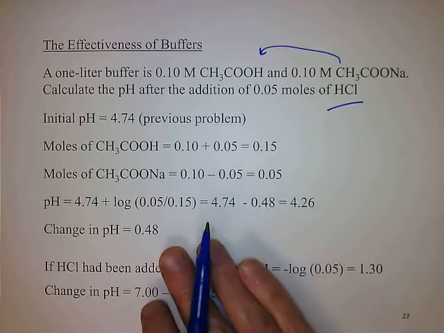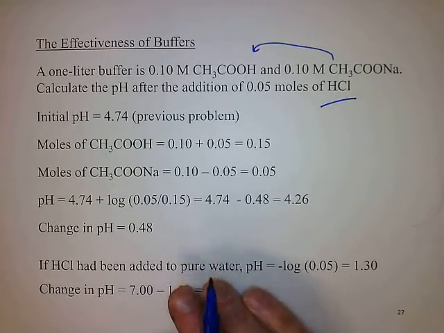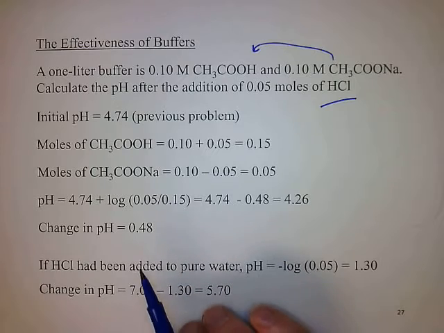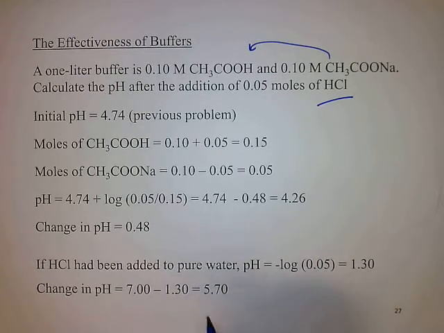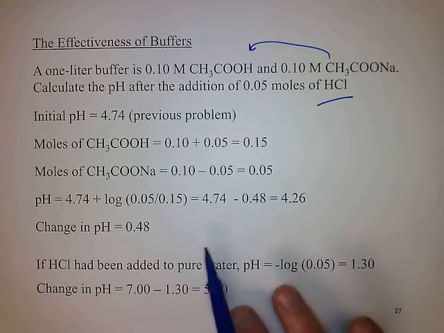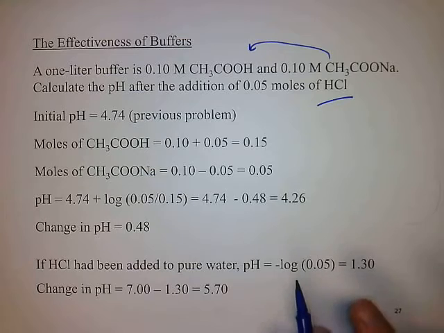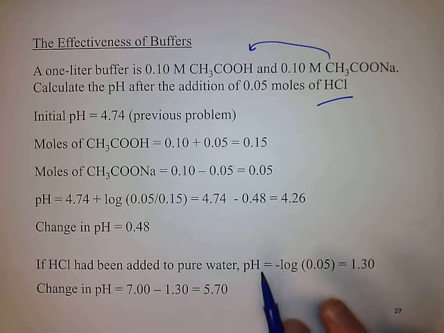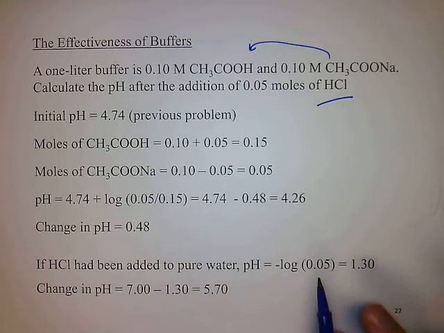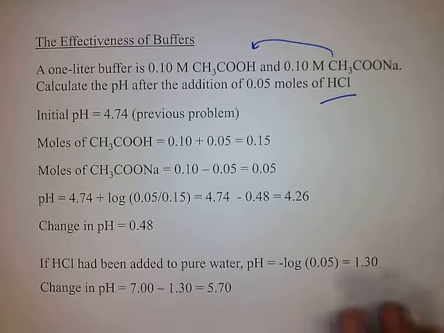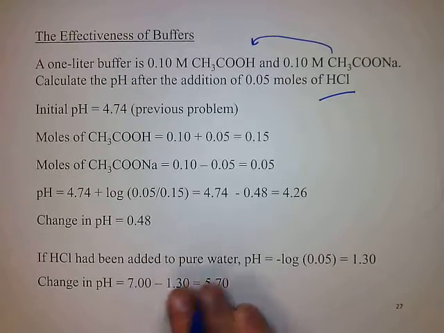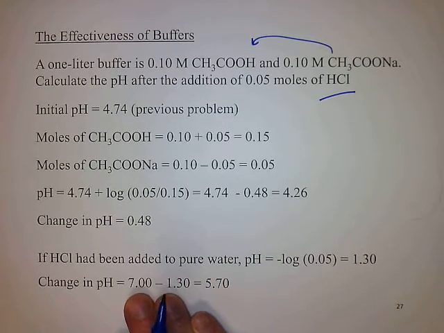All right. Now, what if we had added that to pure water? Okay. What if we had added that to pure water? Then what would our change in pH be? Well, the concentration of hydronium ion would be 0.05, with the pH being the negative log of 0.05. That would be 1.3. So if it was pure water when we started with, that would have been pH 7.